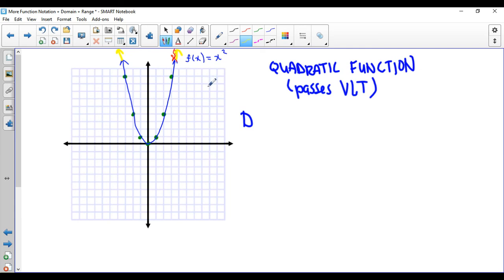The answer is yes, you can. You could pick 1,000 and square it. You could pick 1,000,000 and square it. You could pick pi and square it, whatever. So if you think about a quadratic logically in terms of what the rule is, or what the machine of the function does, which just takes a number and squares it, for a quadratic, x can be any real number.